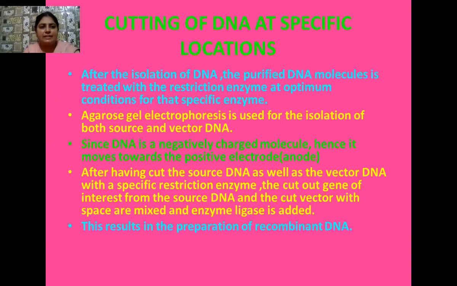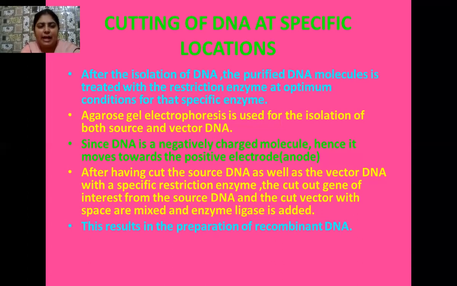So we pour our suspension that contains different fragments in these respective wells, and we attach the negative terminal, where we pour the DNA, to the battery, and similarly we also attach the positive terminal to the battery. When you supply electricity, you see the movement of DNA fragments, and because of the sieving effect shown by the agarose gel, the lighter fragments, or fragments of lower size, move fast over the agarose gel, followed by the larger or bulky fragments.